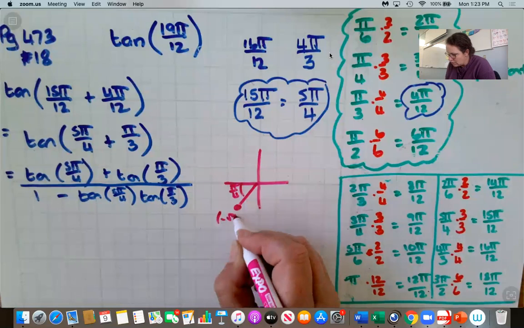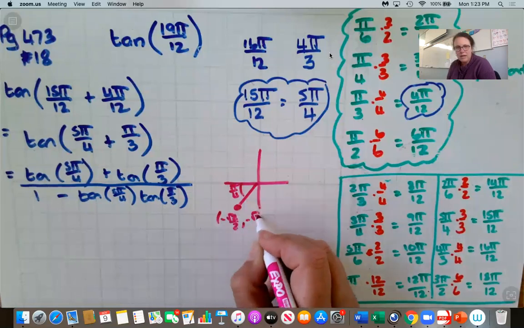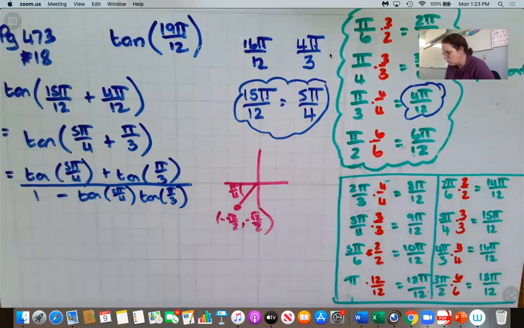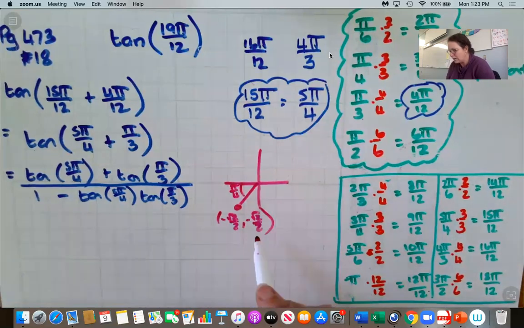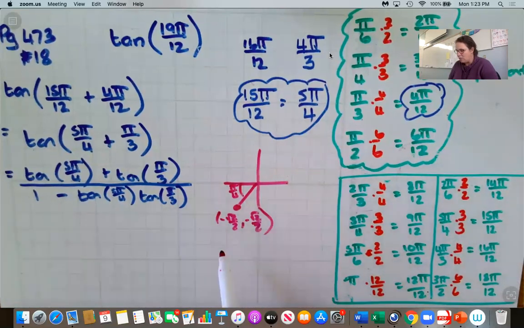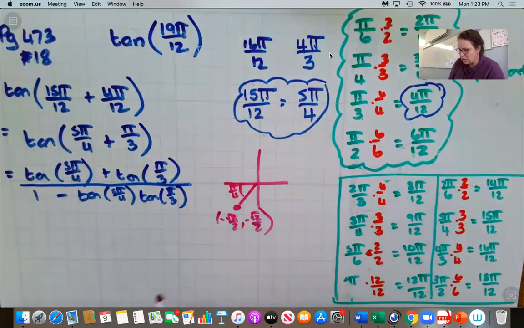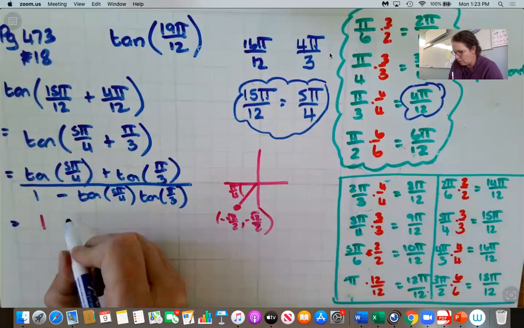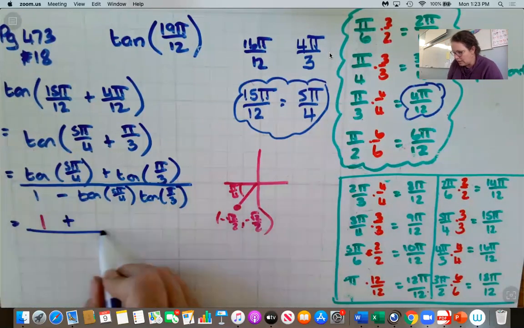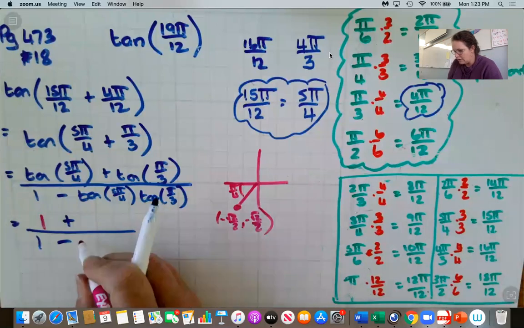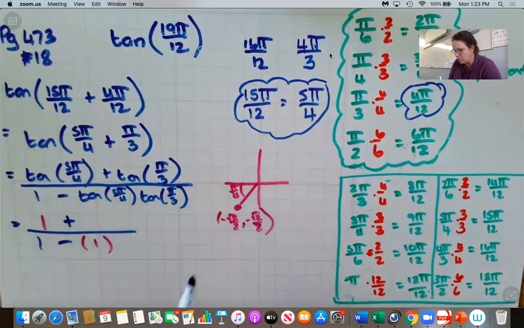My y coordinate is negative root 2 over 2. Tangent is y over x. If I divide y over x, they're exactly the same thing, and that's going to end up being equal to 1. So tangent of 5 pi over 4 is 1. I'm going to replace that everywhere where I have a tangent of 5 pi over 4, in both of those two spaces, with 1.